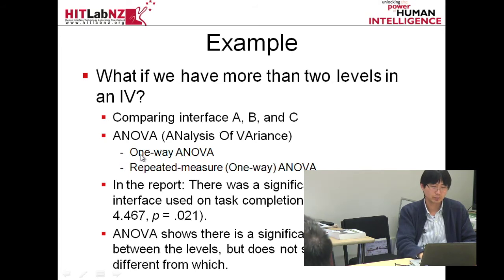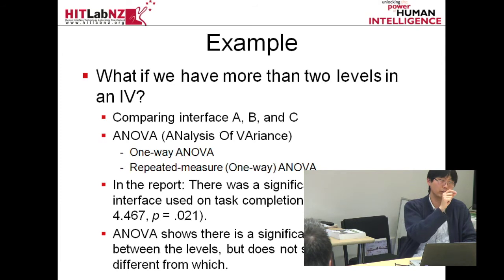If it was between subject, it's just simply one-way ANOVA, which means one way, one independent variable. And if it was within subject design, then you're measuring repetitively, taking one participant and measuring for interface A, and then putting them with interface B and measuring again. So that's the repeated measures ANOVA.